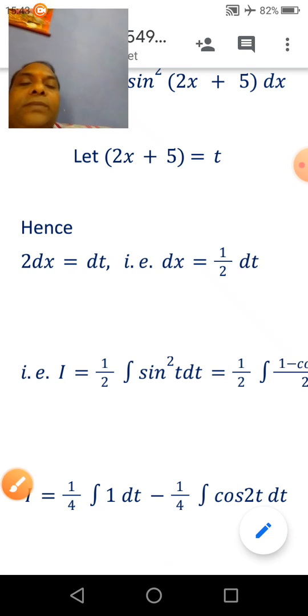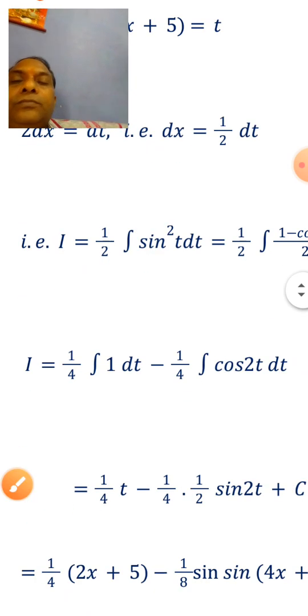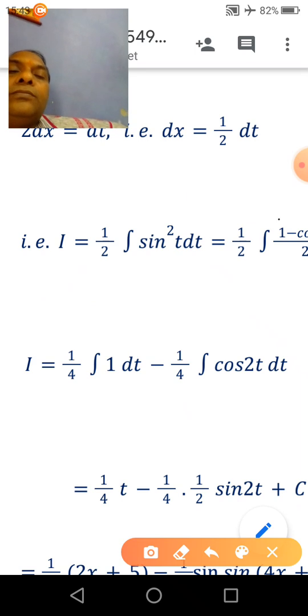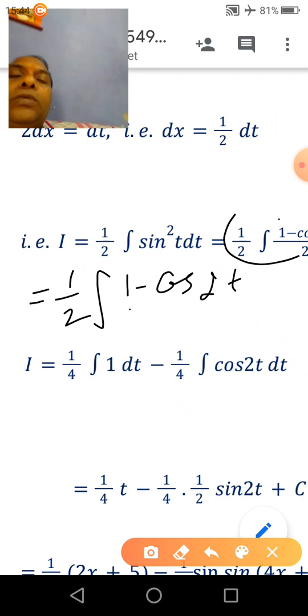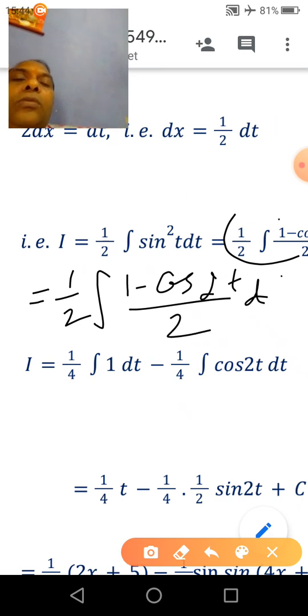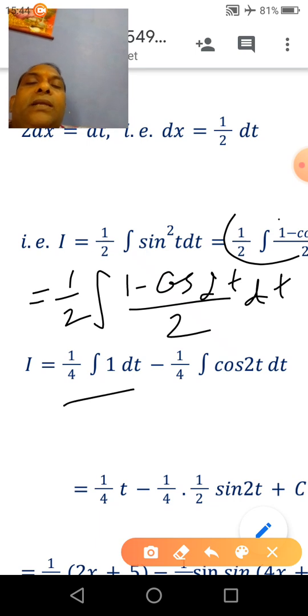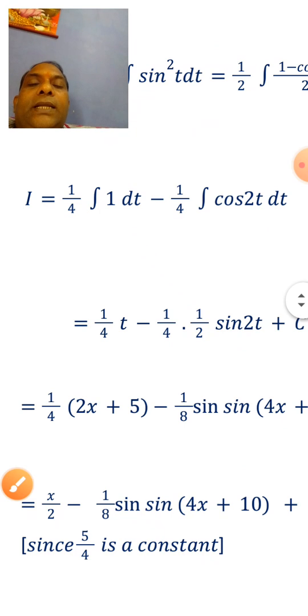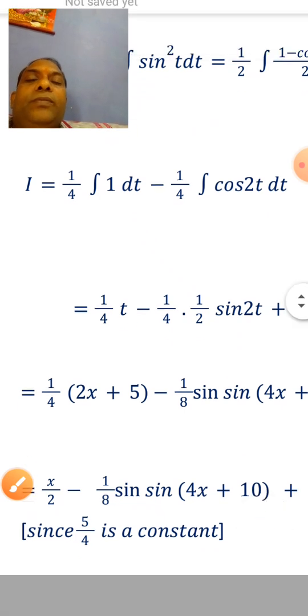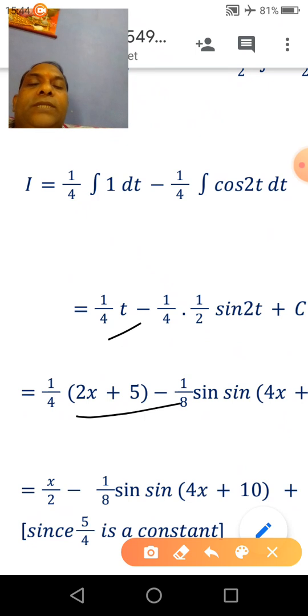So this will be equal to 1 by 2 integration 1 minus cos 2t upon 2 dt. Clear? Now 1 by 2, 1 by 2, 1 by 4 dt and 1 by 4 cos 2t dt. Now integrate here, then you have the answer. Put the value of t also, 2x plus 5. Clear?